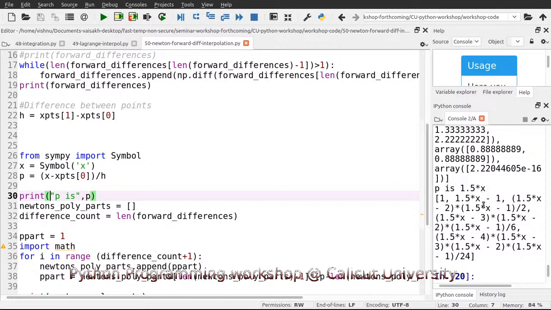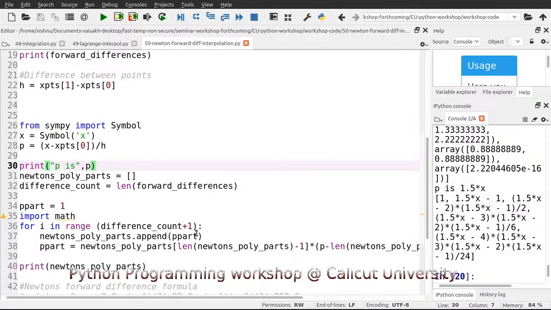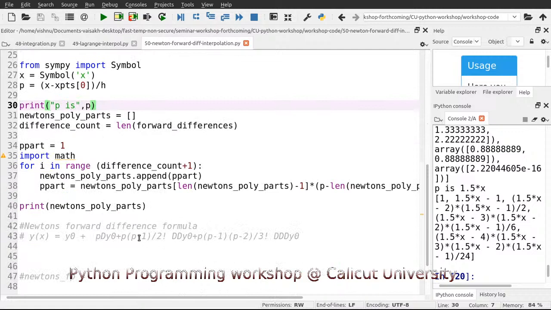What's happening? First is P. What is the next thing required? So P into P minus 1. So this is P minus 1.